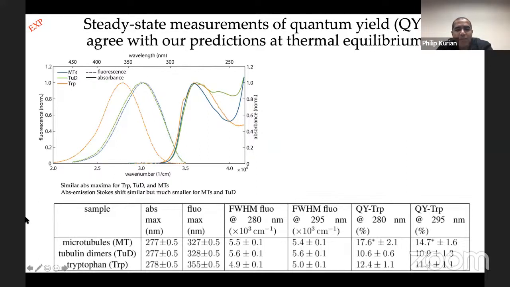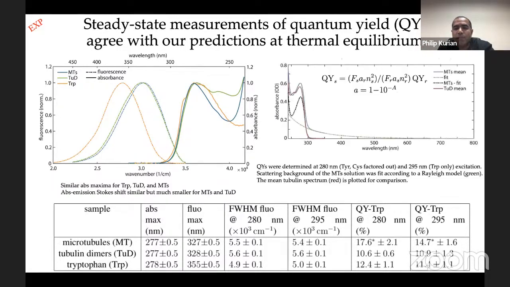Now, I want to highlight for you that there are similar absorption maxima for all 3, but the absorption emission Stokes shift is much different between tryptophan in orange and the microtubule and tubulin. So it's much smaller for these 2 because of the protective protein environment around the tryptophan chromophores.